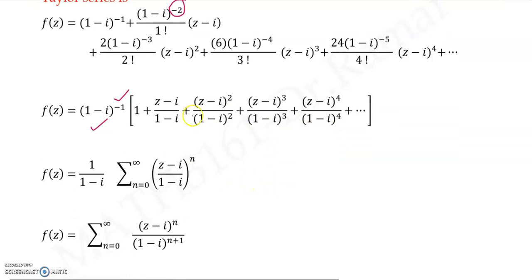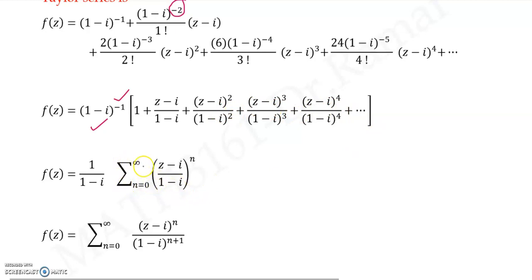So now what will you get? You see here 1 plus x plus x squared plus x cube plus x power 4, like that. So now 1 over (1 minus i) is multiplied by sigma n equals 0 to infinity x to the power n, because here all are positive. In the general form, 1 plus x plus x squared plus x cube plus x power 4, like that, what is the summation?